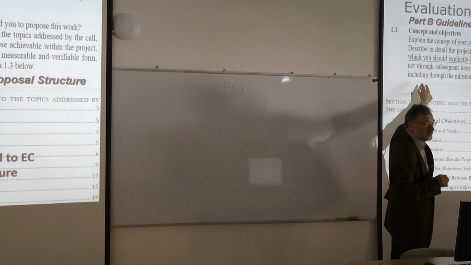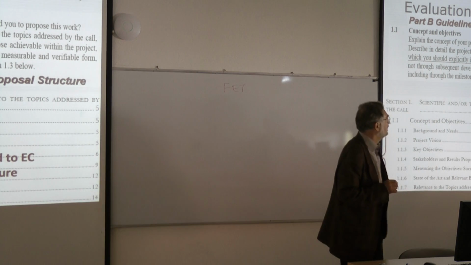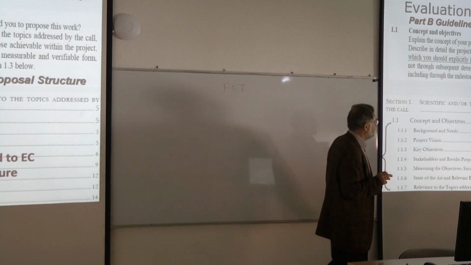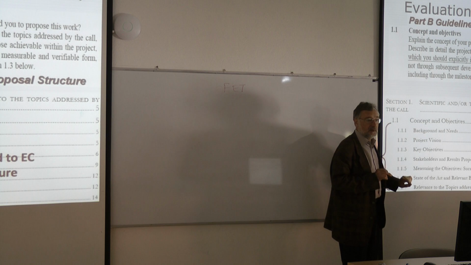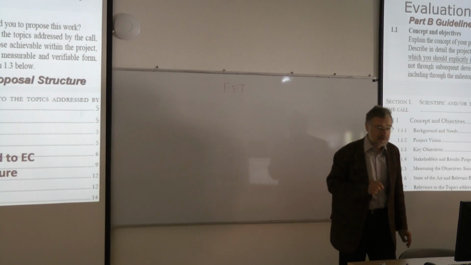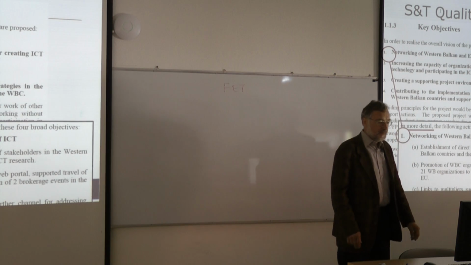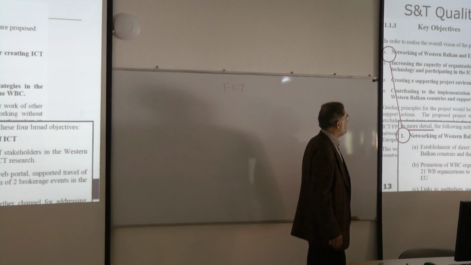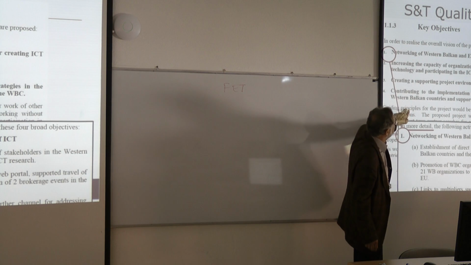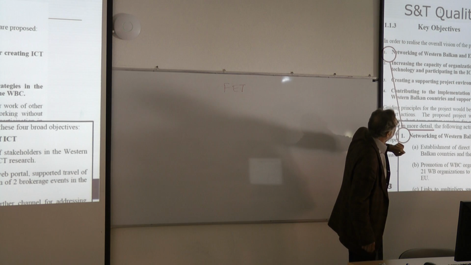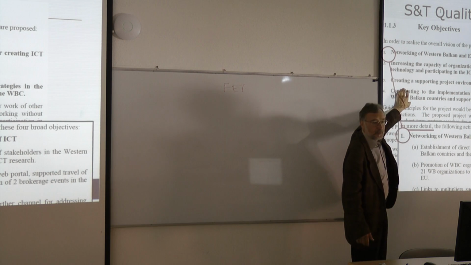It is actually set by the European Commission how many pages to write. I've forgotten; let me say 5 pages. So we did not just write 5 pages, but we had a substructure so that this whole thing gets more readable. This is the objective section. We defined 4 what we call key objectives, and we said this is what we want to do.